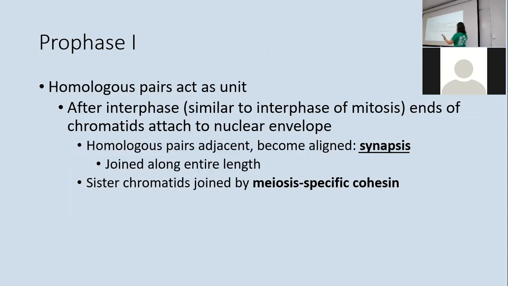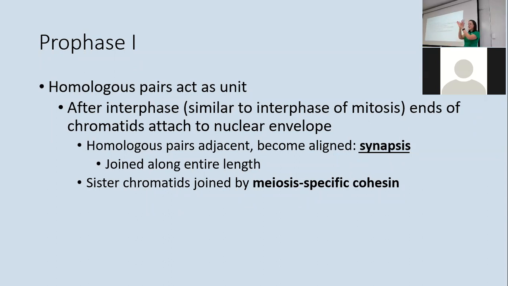In prophase 1, our homologous pairs, right? Stick with this, my maternal chromosome 1 and my paternal chromosome 1 are acting as a unit in prophase 1. So after interphase happens just like normal, right? Go through G1, we go through S phase, we replicate, right?